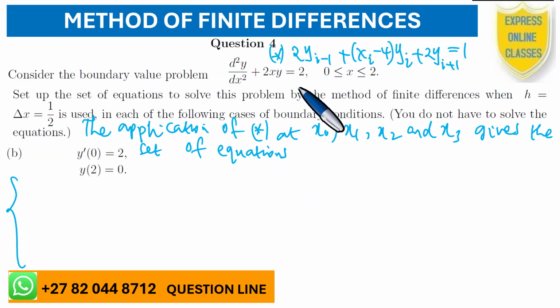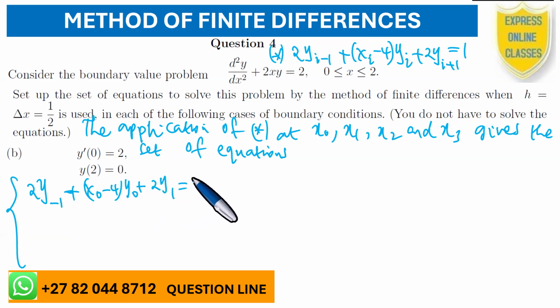When i is 0, we have x0, y0, and y1 equals 1, with the minus 1 there.